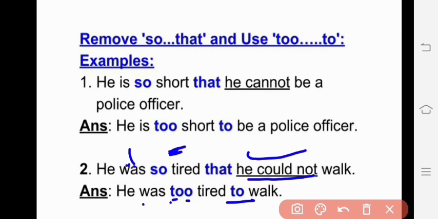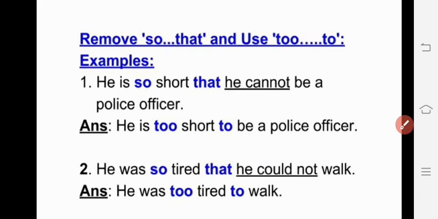As per the previous sentence, you have to follow the same rule in the second statement. Cannot, could not, and the pronoun should be removed, and the rest of the sentence you put as it is while you convert into to. So the answer is like that: he was too tired to walk.